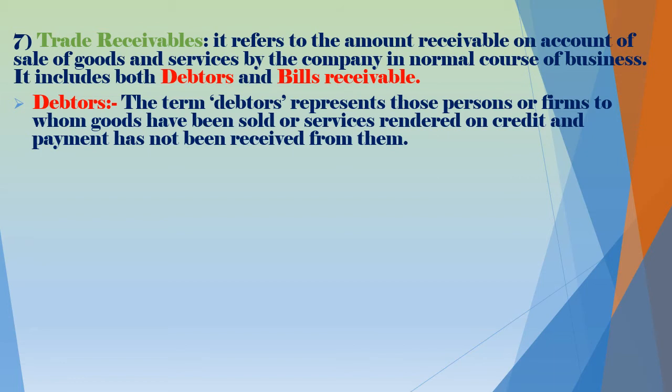Now debtors are assets. Why do we call them assets? We call them assets because you have sold goods and services to them on credit, and you know that in future you're going to get money from them, you're going to get benefit from them.